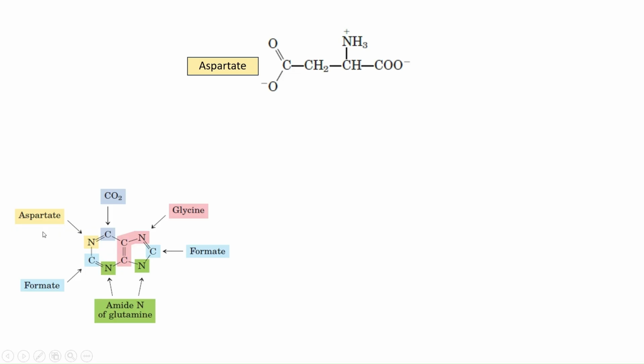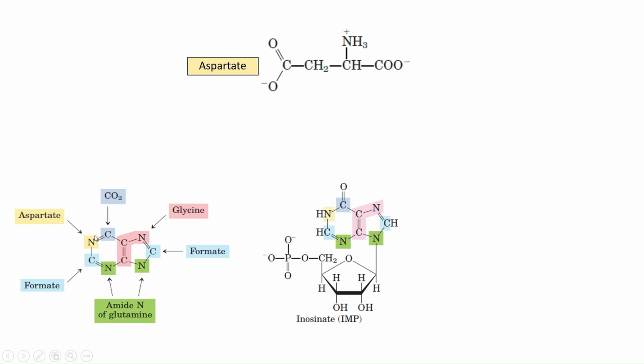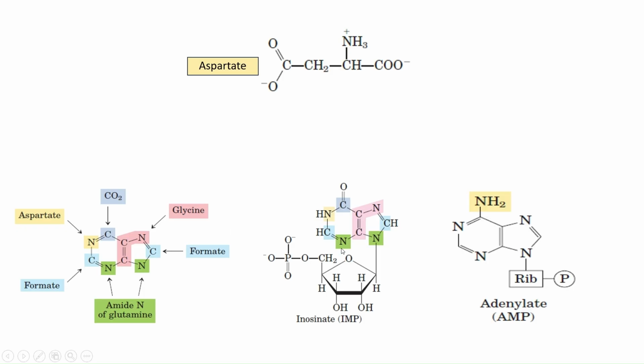And as we can see here, aspartate donates one nitrogen in the formation of the purine ring. Both inosine monophosphate and adenosine monophosphate contain nitrogens from aspartate. So we can say that both inosine and adenosine use aspartate as a precursor.